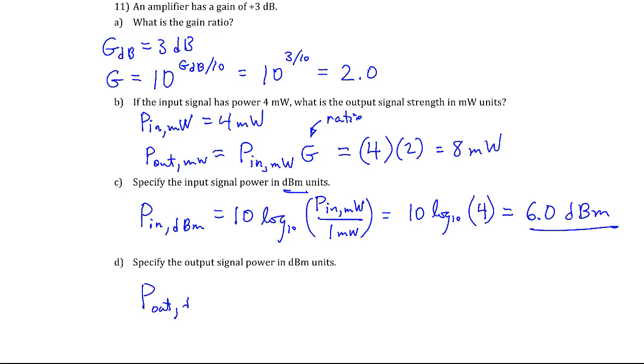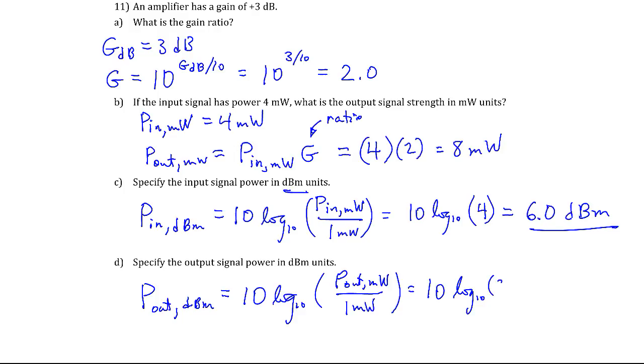P out in dBm is 10 log 10 of P out in milliwatt units over 1 milliwatt, which is 10 log base 10 of 8 milliwatts, right? I found 8 milliwatts. And this is going to be a 9. So 10 times log 10 of 8 is 9.03. I'm going to call it 9.0 dBm.